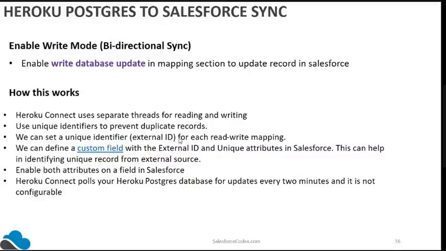Now, if that field is not set with these two features, external ID and unique attribute, and you are just setting external ID, even in that case you will not be able to do the bidirectional sync. For bidirectional sync, you always need a field which has these two attributes set, external ID and unique attribute.